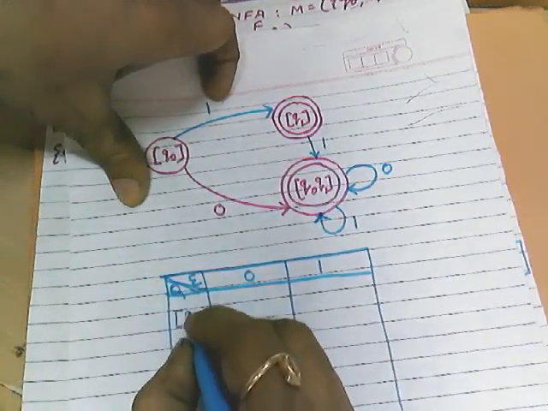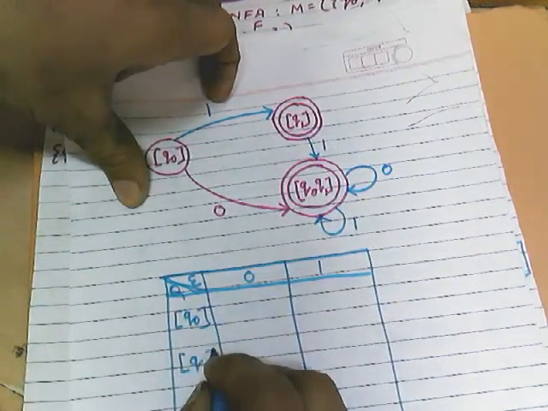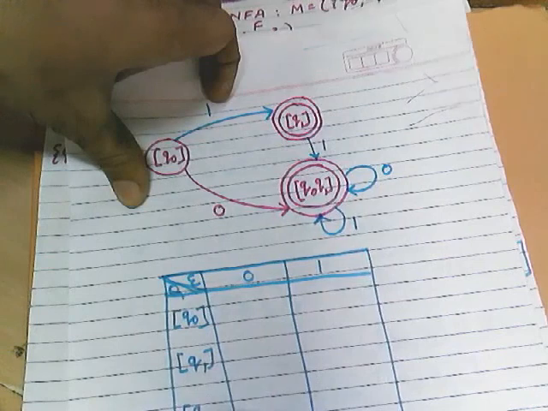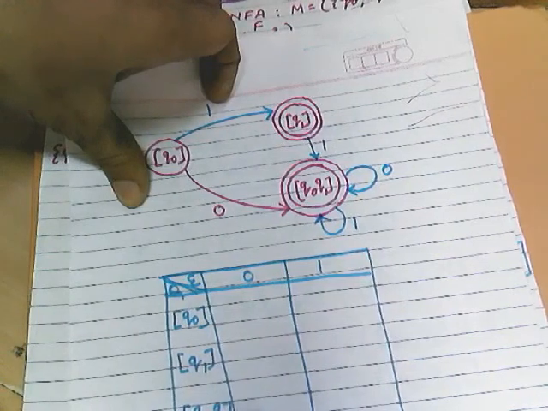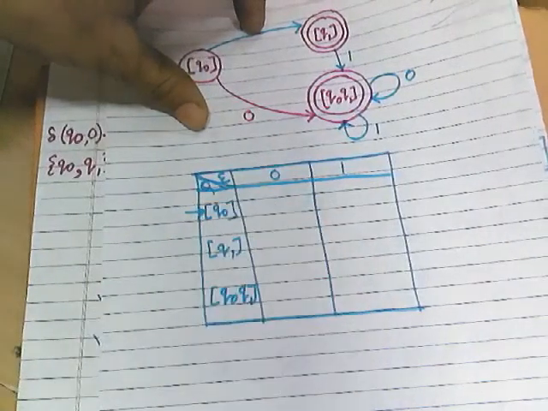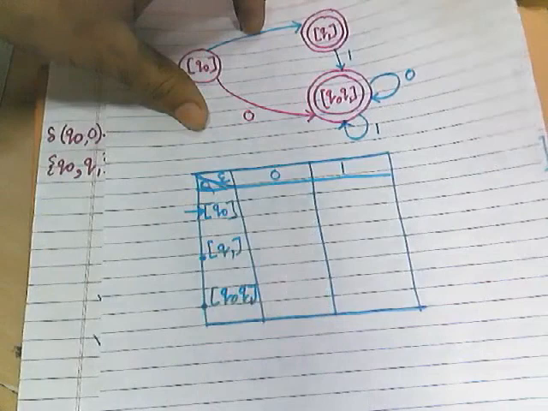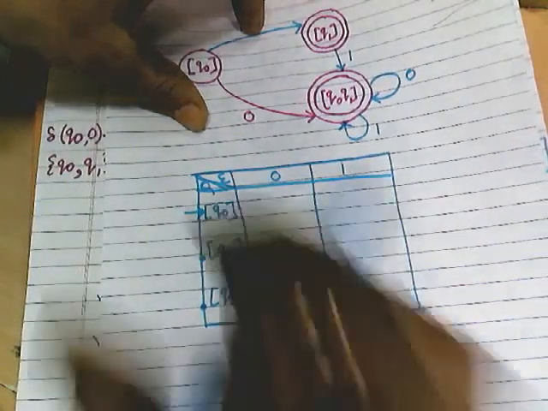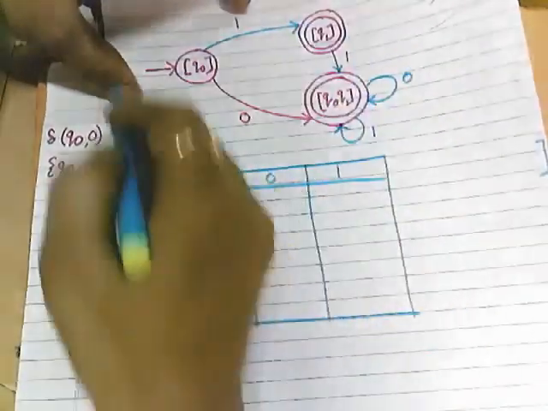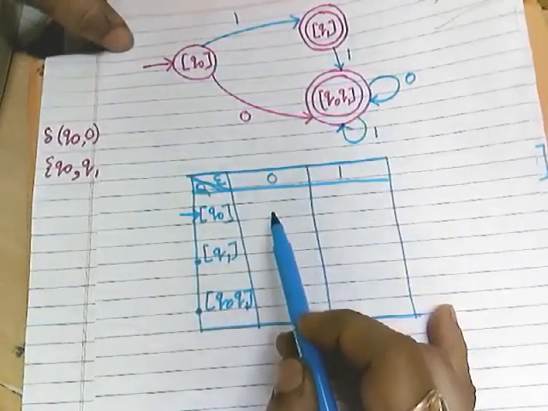We have 3 states now, Q0, Q1 and Q0 Q1. Right? This is our initial state and these two are our final states.